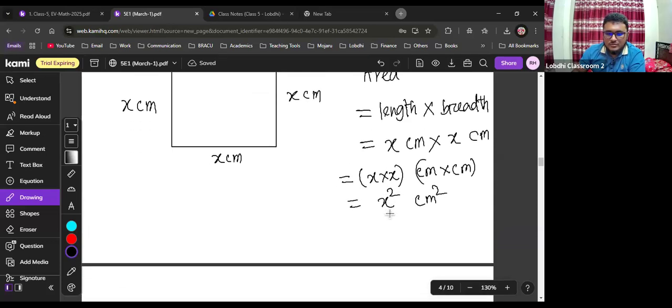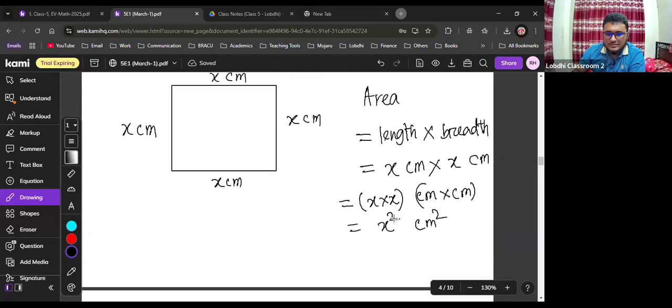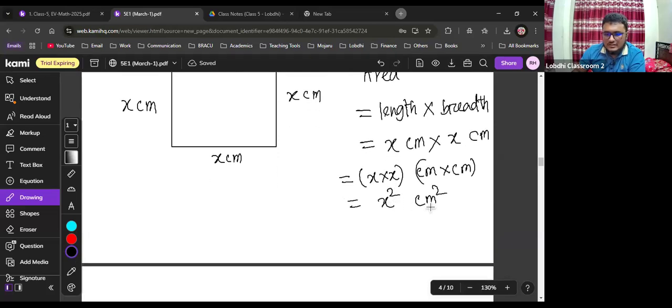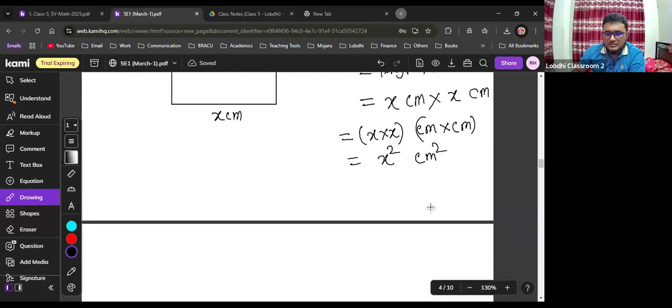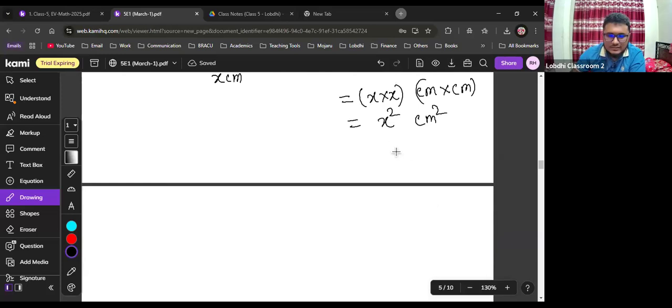What is the area from this square? x square centimeter square. This is the area, right? And we are asked to find the area of such 3 squares. Such means the previous one.